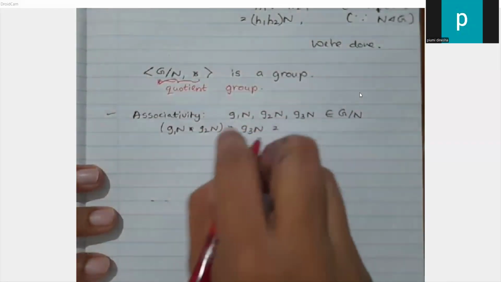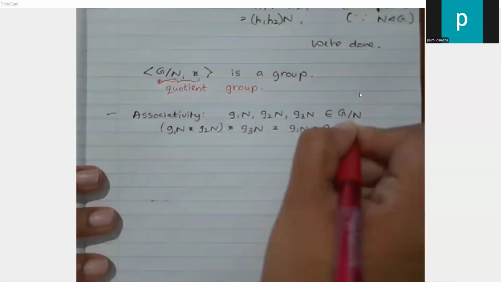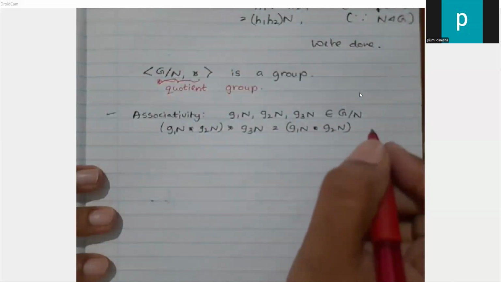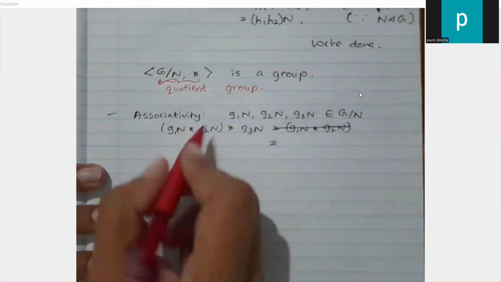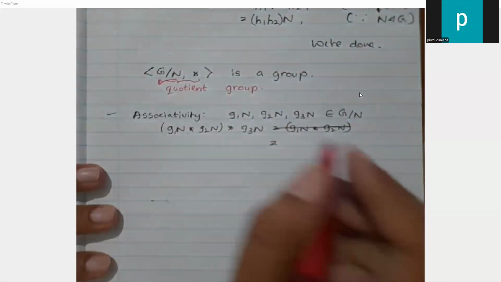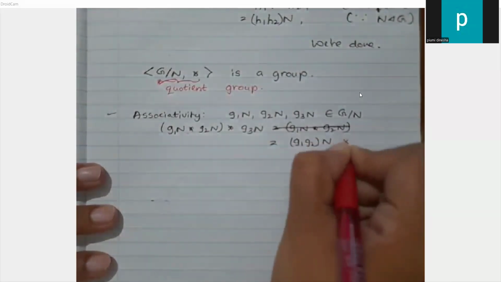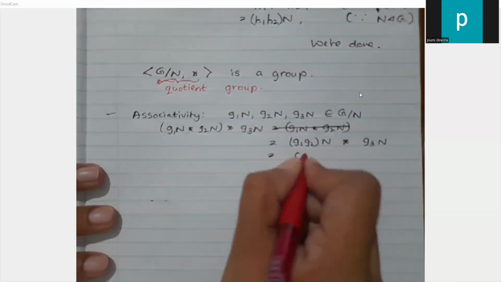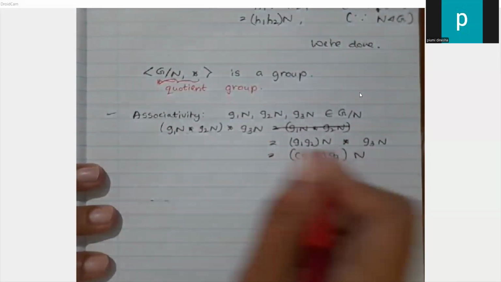This, by definition of star, is equal to g1g2N star g3N. Once again, applying the binary operation, we see that this is equal to g1g2g3N.